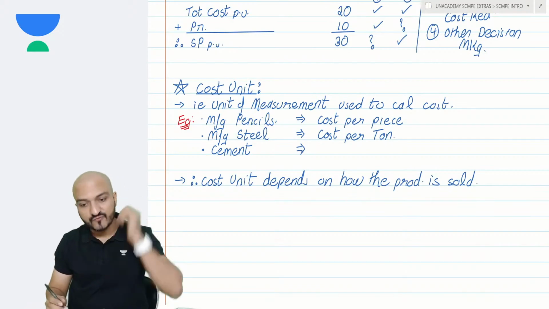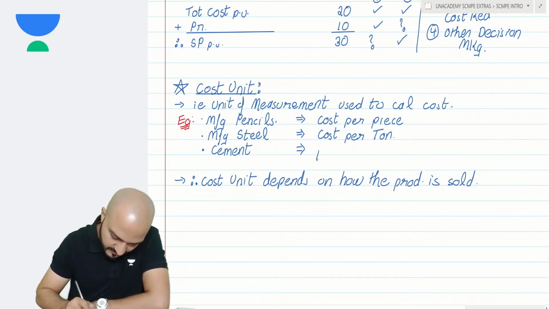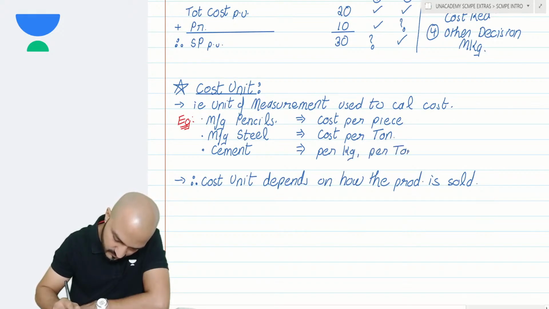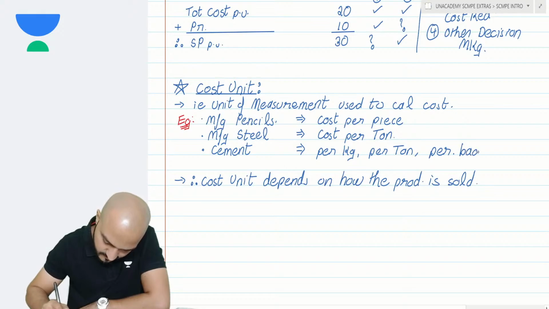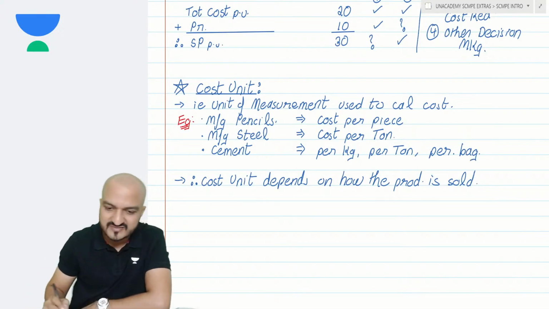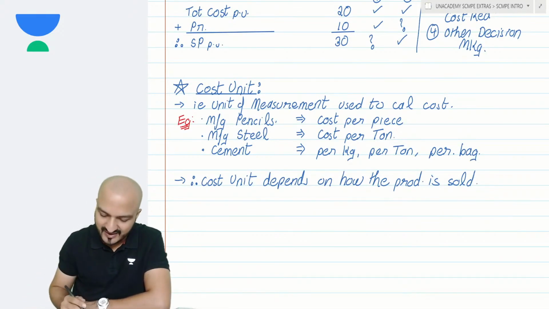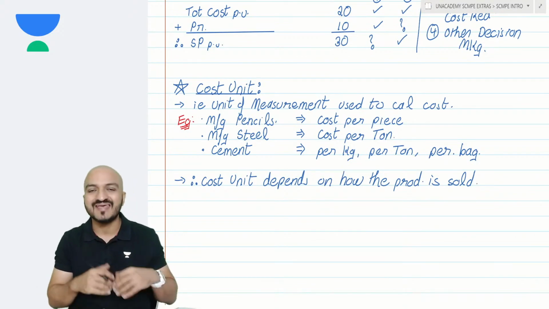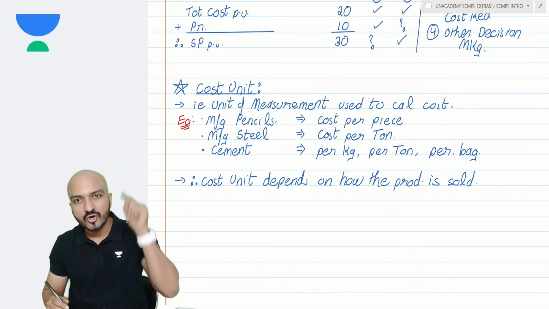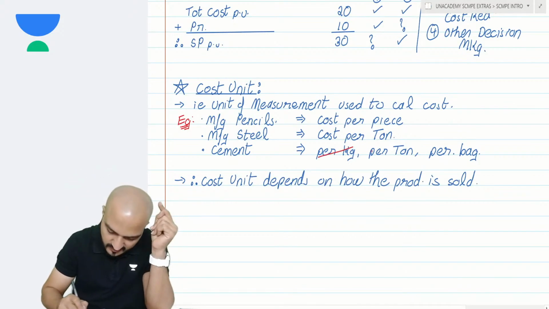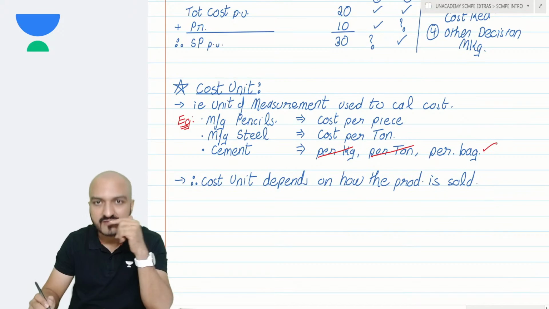My cost can be calculated per kg, per ton, or per bag. Out of all these, cement can be measured in terms of kgs, tons, or bags, but cost is calculated in terms of per bag.